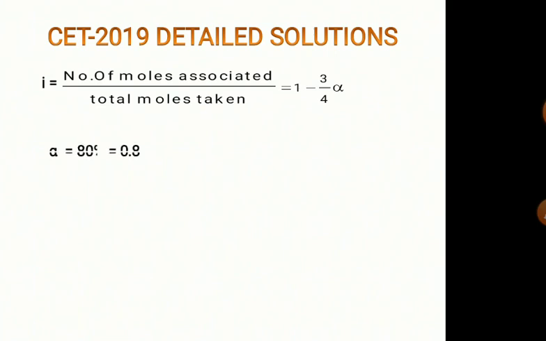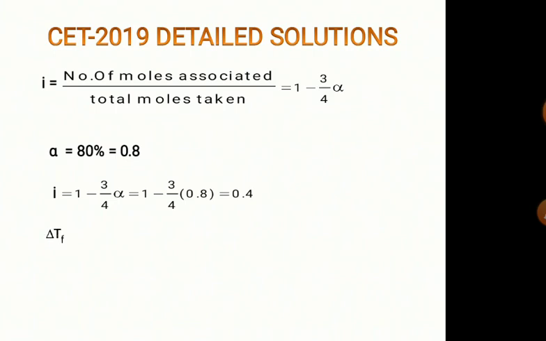Alpha is given as 80%, that is 0.8, 80 divided by 100. So i is equal to 1 minus 3 by 4 into 0.8, and you get the answer 0.4.